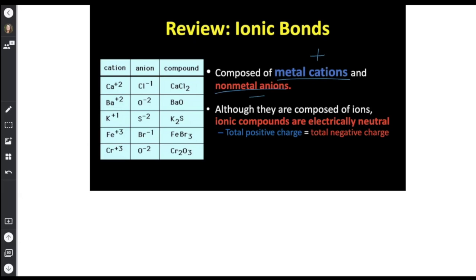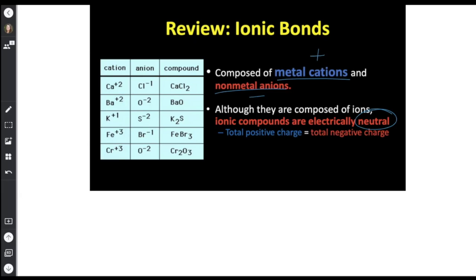So even though they're composed of ions, meaning one of them's positive, one of them's negative, all together they are what? Electrically neutral. Good job. All right, that means that whatever positive charge I have to equal it out with negative charge. All right, so total positive must equal total negative.